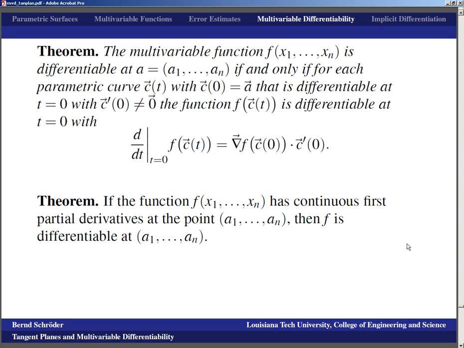In a large number of beautiful and important applications, your functions will simply have continuous first partial derivatives, and that means all this stuff that we talk about here in terms of pathology and multivariable differentiability is moot, because continuous first partial derivatives give us that the function is differentiable.